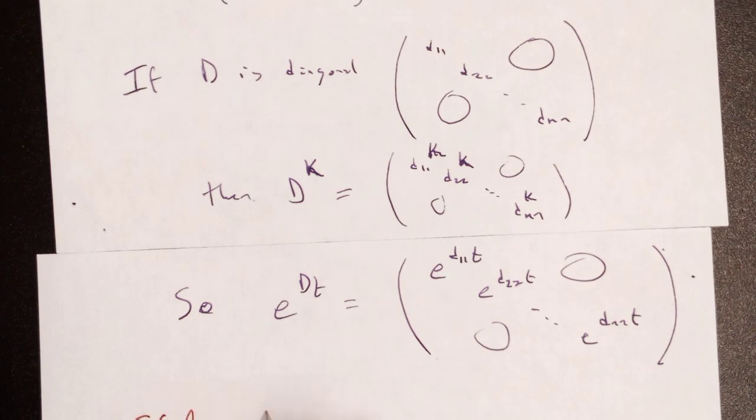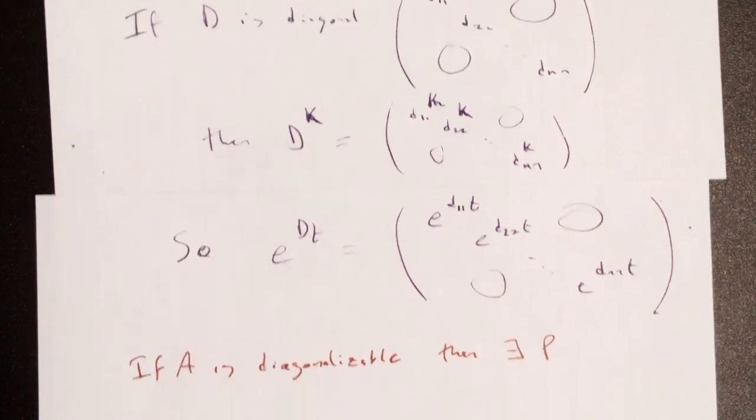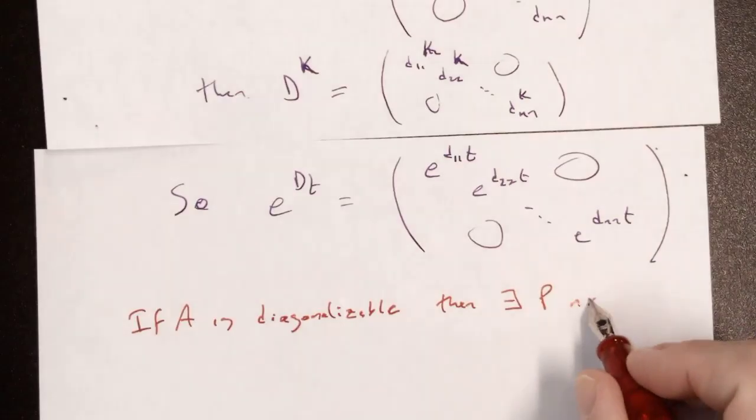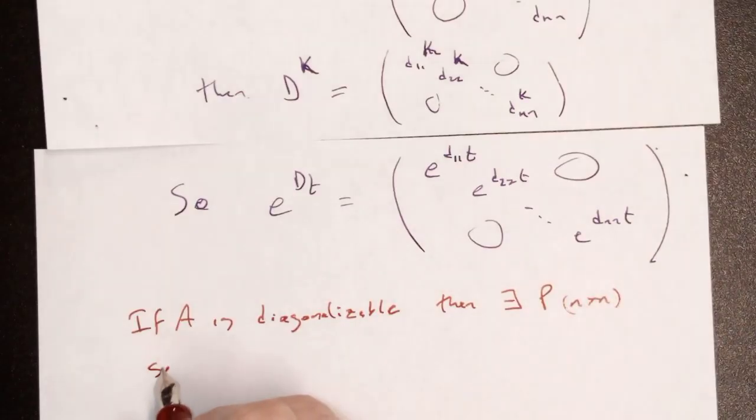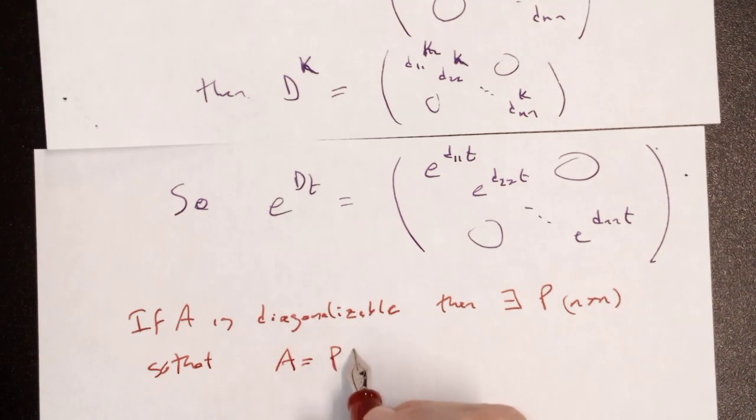If A is diagonalizable, then there exists a matrix P, which is also n by n, so that A is P D P inverse.